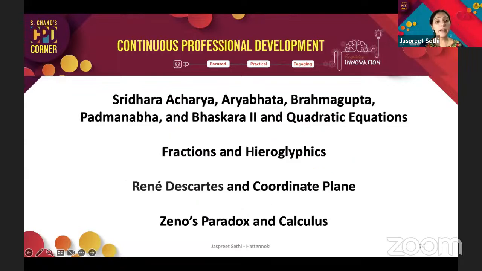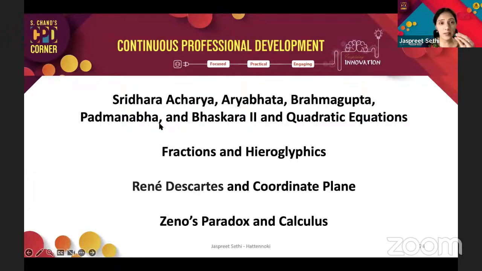So there are many, many more stories and things coming from history. For example, quadratic equations. In fact, I know of a lot of textbooks that don't say quadratic equation and credit it to Sridhar Acharya. And then also contributions of Aryabhat, Brahmagupta, Padmanabh, and Bhaskar to refine it, like there were people contributing to make sure that the negative root was removed.